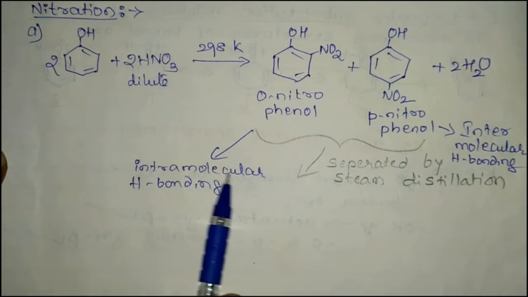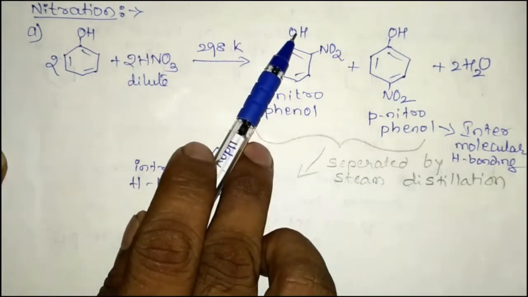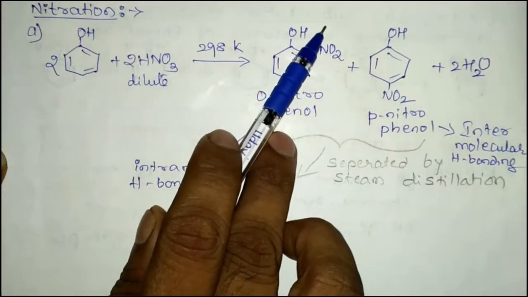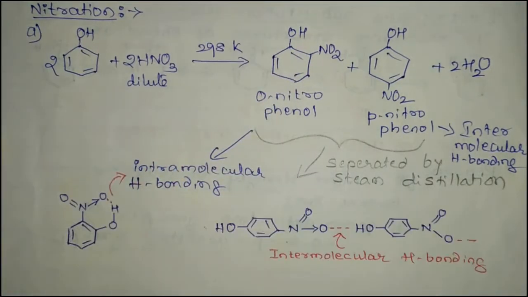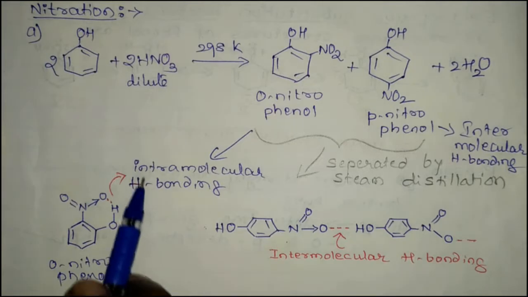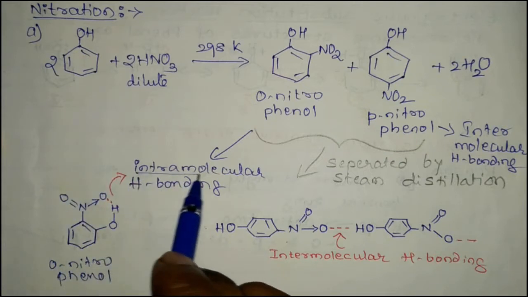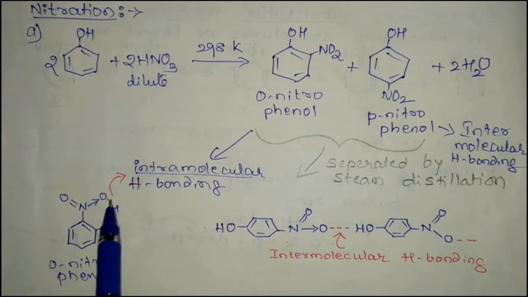But in case of intramolecular hydrogen bonding, only one bond is formed between the oxygen atom of NO2 group and the hydrogen atom of OH group. This is orthonitrophenol. So this bond is formed within the molecule, and less energy is required to break it, hence its boiling point is less.